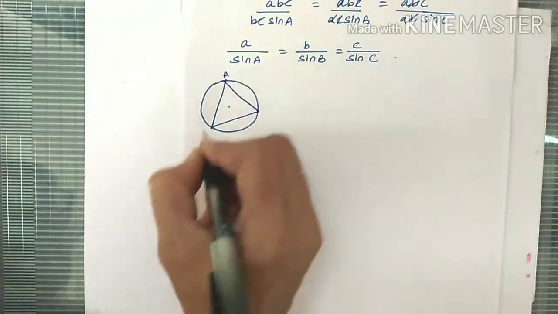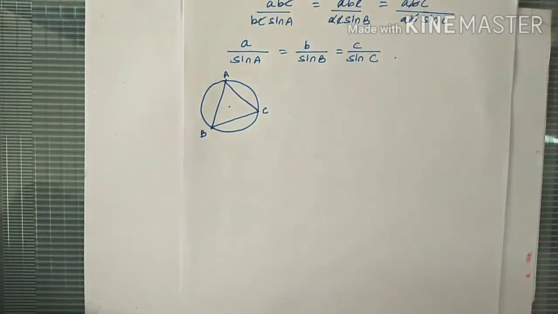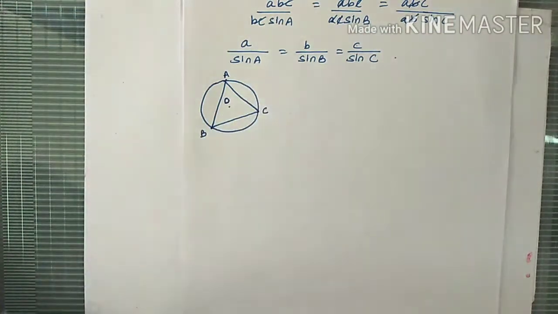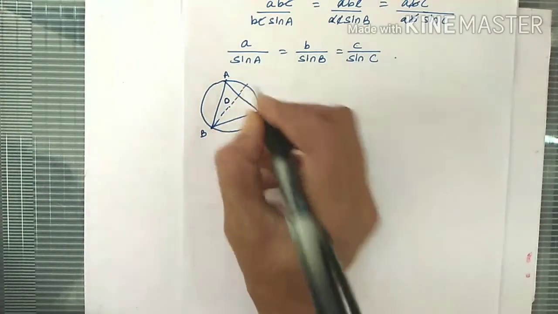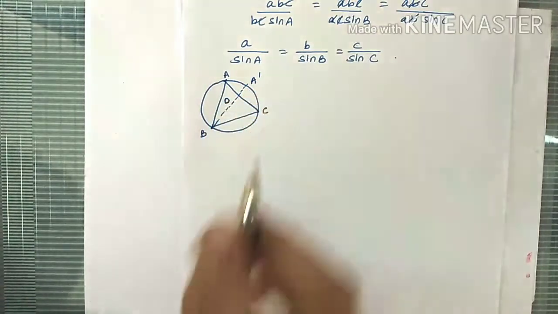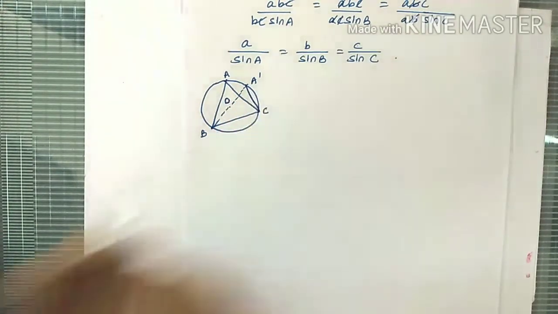So this is our triangle ABC and we have drawn the circumcircle. Now let A be the acute angle and O our circumcenter. Now join BO and let this BO produced meet the circle at point A dash. Now join A dash C.